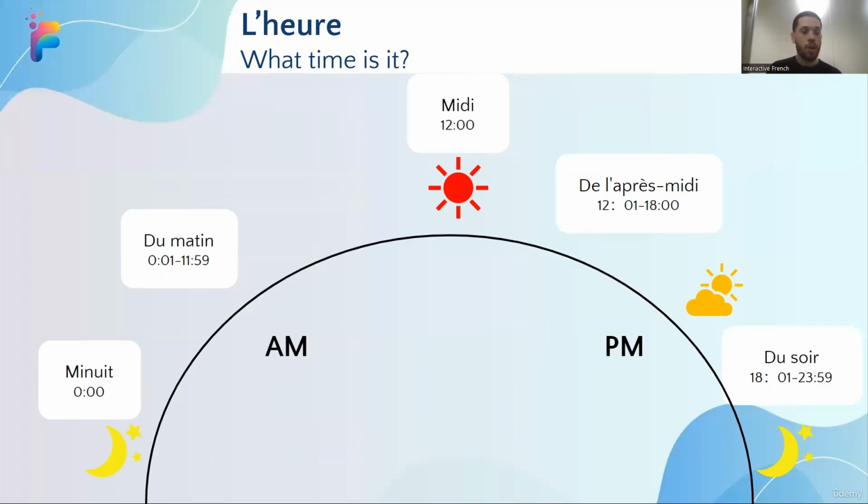It's totally flexible. You can read the 24-hour clock, or you can specify with du matin, de l'après-midi, du soir. You would hear general people in France and other French-speaking countries using both interchangeably. So you are totally allowed to do whatever you feel most comfortable with. Just be aware that both exist.